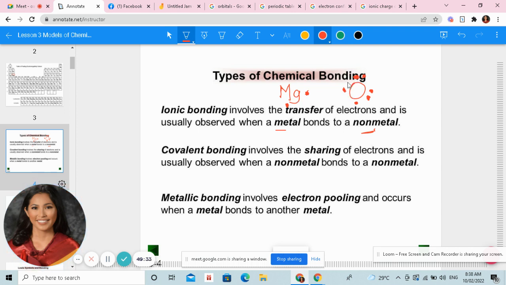Now because unpaired electrons are very reactive, mao ni sila mga electrons to be involved in bonding. So we have Mg for this electron. This electron will transfer to this electron to form a bond. Okay, so this electron will transfer to this side.